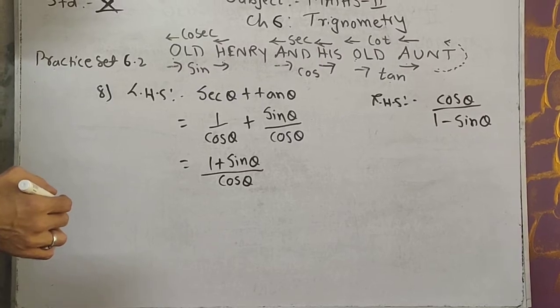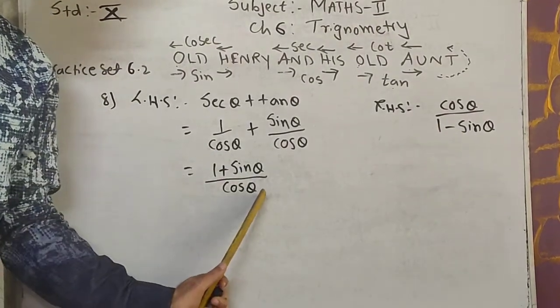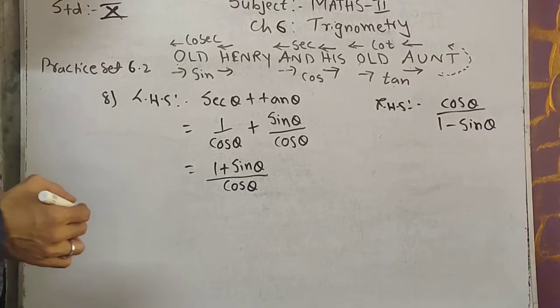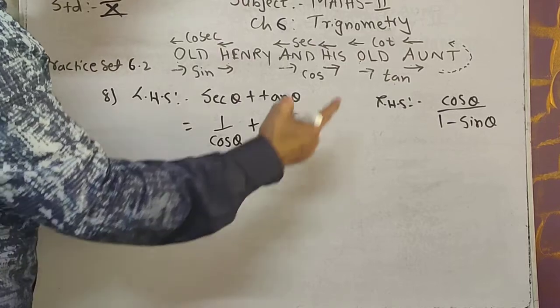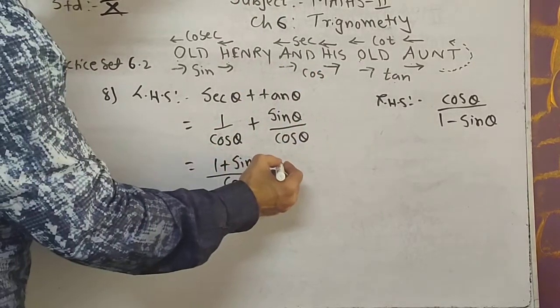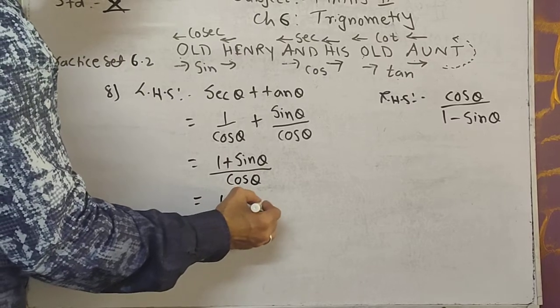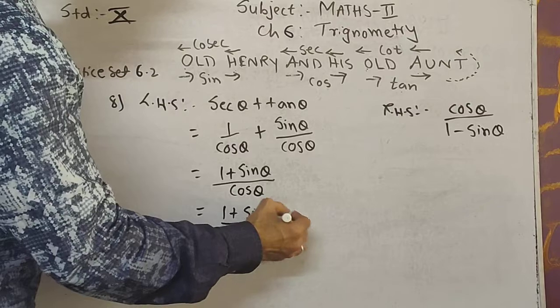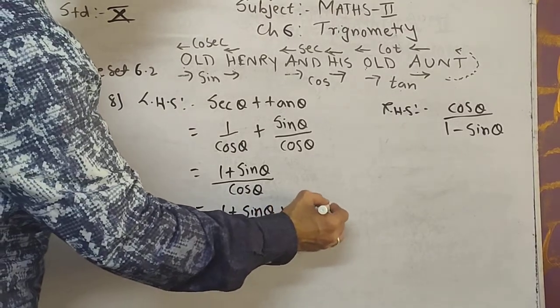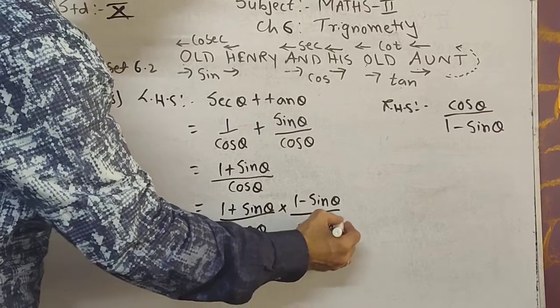Now in the denominator we want 1 minus sin theta. So what you will do is multiply numerator and denominator by 1 minus sin theta. So 1 plus sin theta upon cos theta into 1 minus sin theta upon 1 minus sin theta.